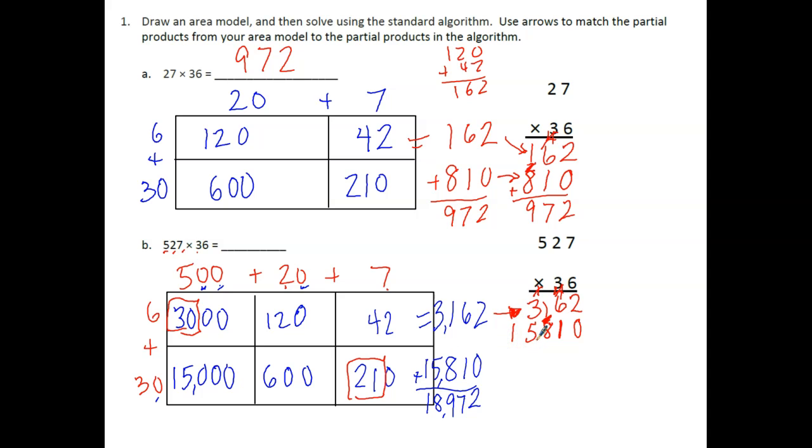All right, so now I can add my 2 partial products, and you can see that this matched up with my partial product there. 2 plus 0, 6 tens plus 1 ten, 7 tens, 100 plus 800, 900, 5,000 plus 3,000, 8,000, 10,000. My partial products match up here. My answer was 18,972.